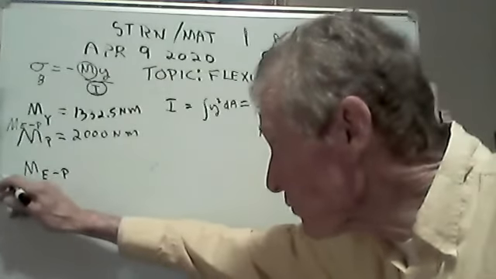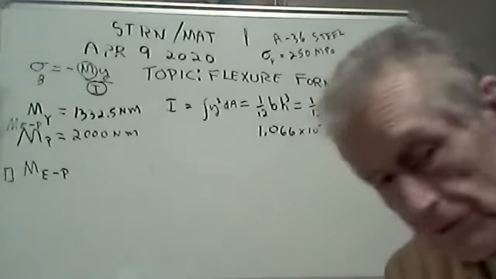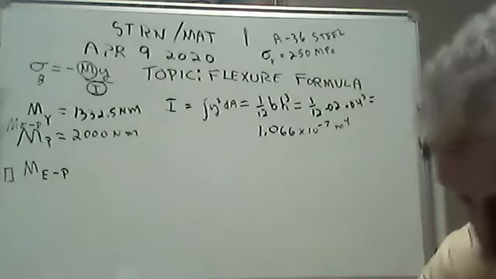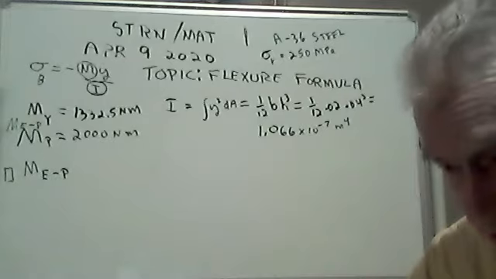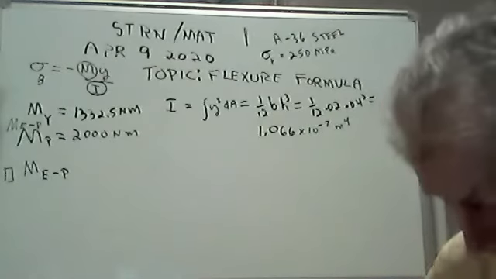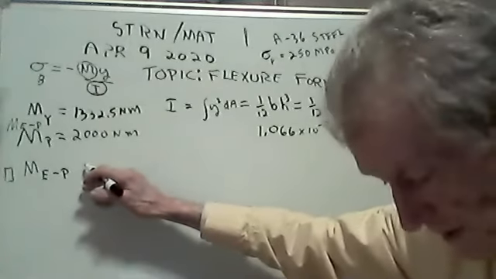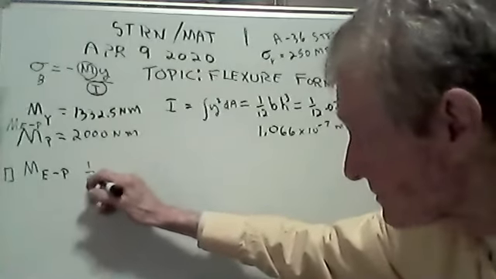Now be warned, this only works for rectangles. It's different for some other kind of I-beam or circular beam or reinforced steel, whatever. But for a rectangular beam, it goes like this.